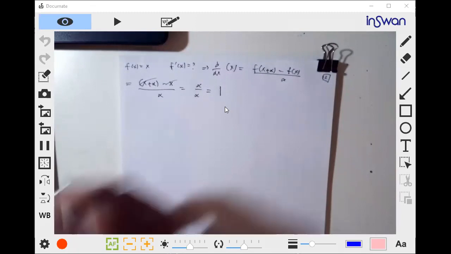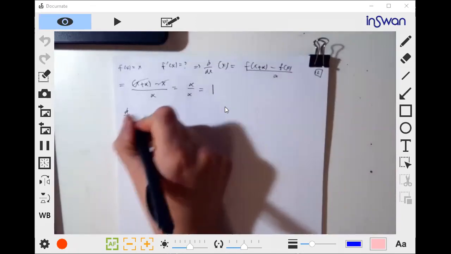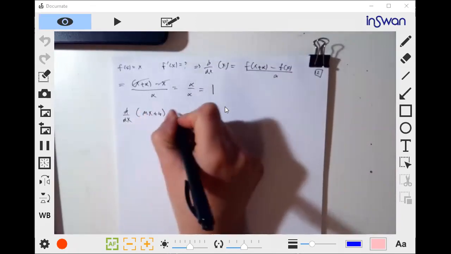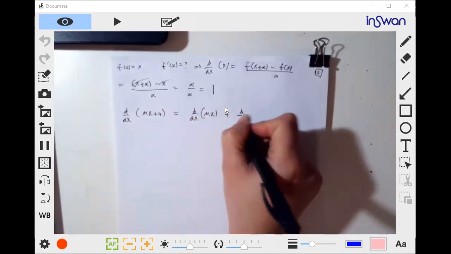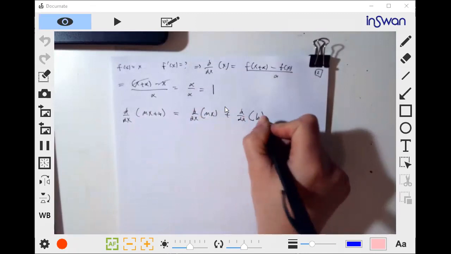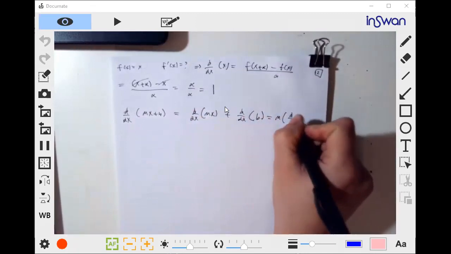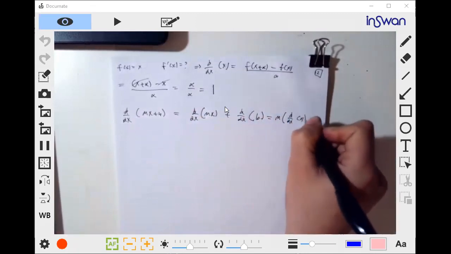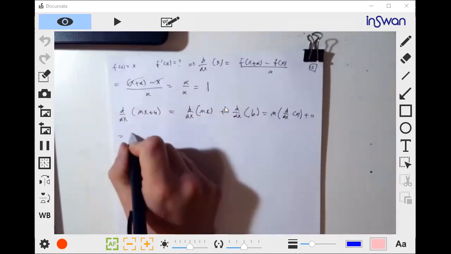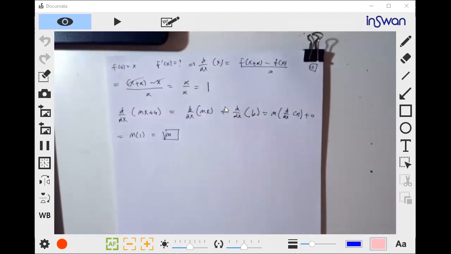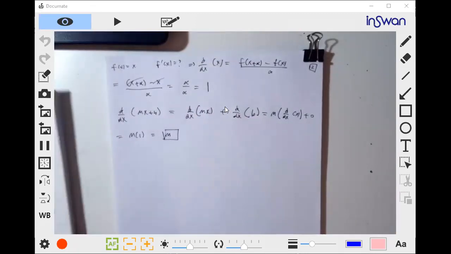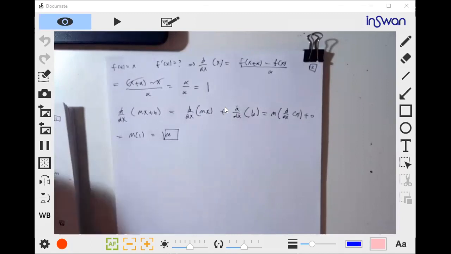That's why d dx of mx plus b, which is equal to d dx of mx plus d dx of b, is equal to m times d dx of x plus a 0, which is m times 1, which is just m. So it seems like the derivative likes to ignore constants out in front of variables.